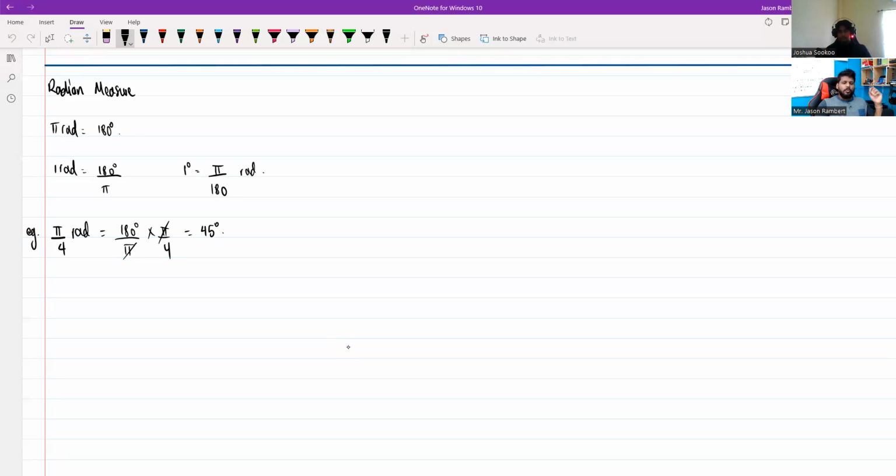You will always have a pi in your radian measure. The pi will always be on the numerator. Very rare you'll have pi on the denominator when we are expressing an angle in terms of radians. Degrees is always in degrees. It has no pi in degrees.